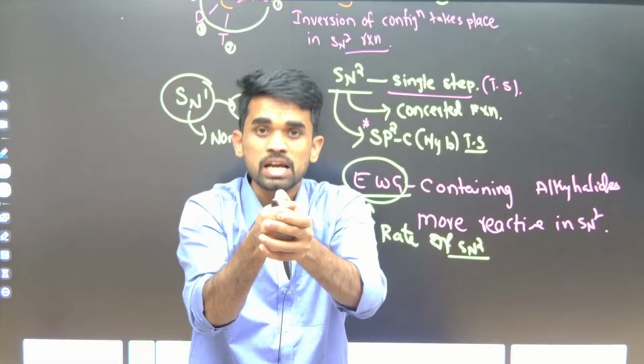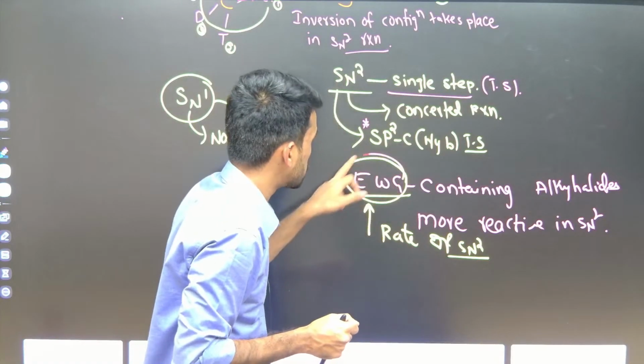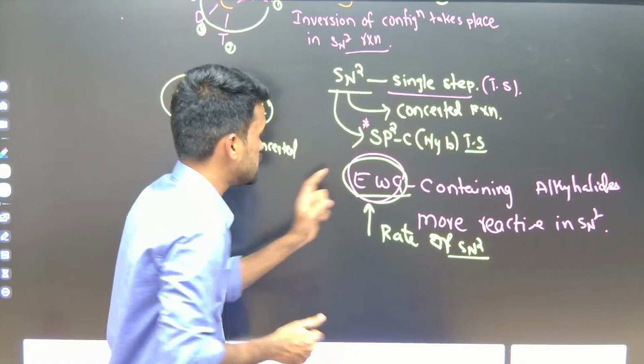So to decrease that electron density, what type of groups are required? Electron withdrawing groups are required. This statement is to be remembered.